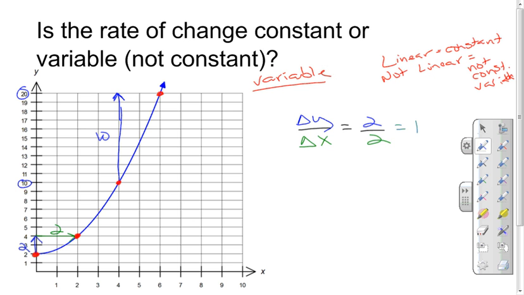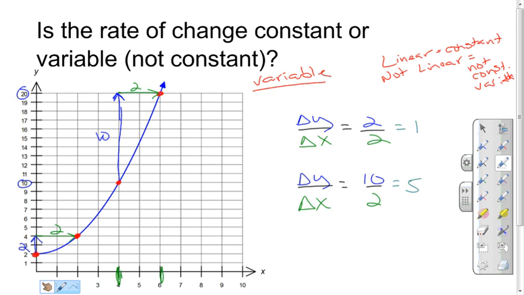Then I'm going to go 2 grids across and realize that going from 4 to 6 is 2. So my second delta y over delta x is going to be 10 over 2, which is equal to 5.